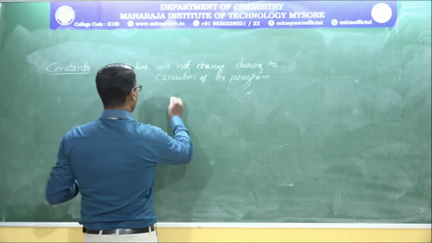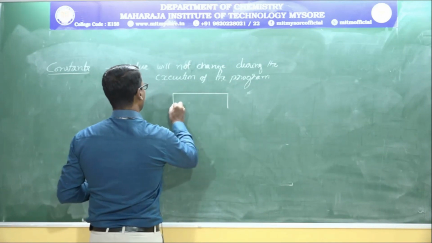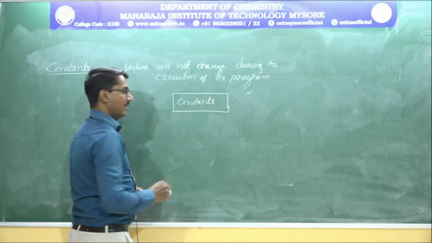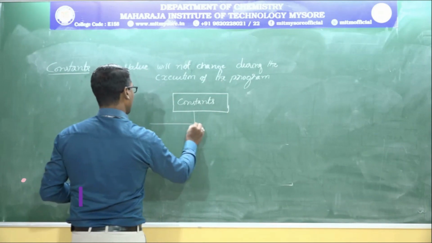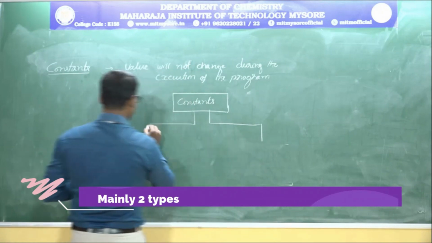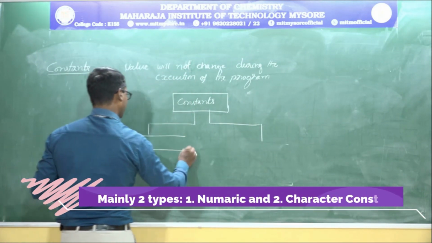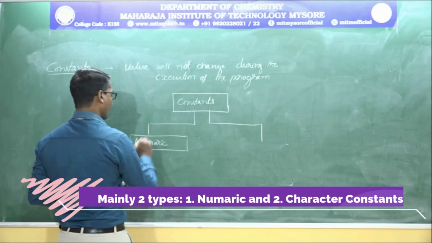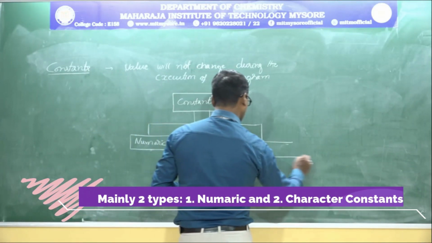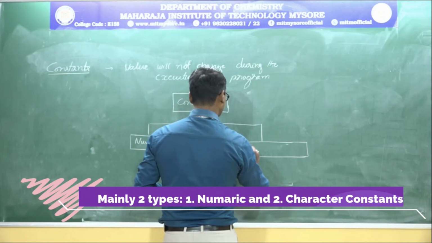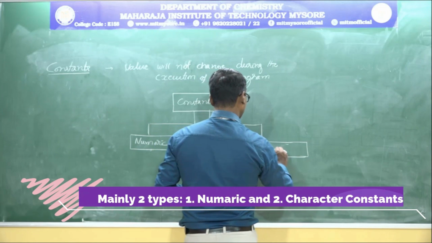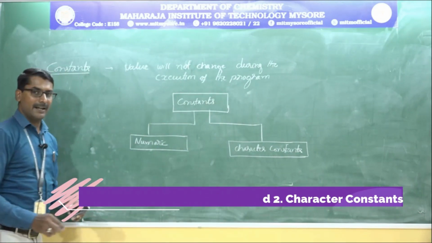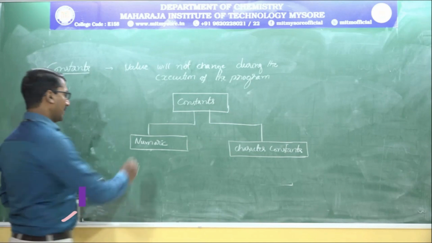Constants are mainly divided into two categories: numeric constants and character constants.